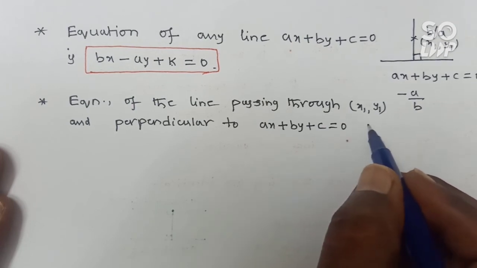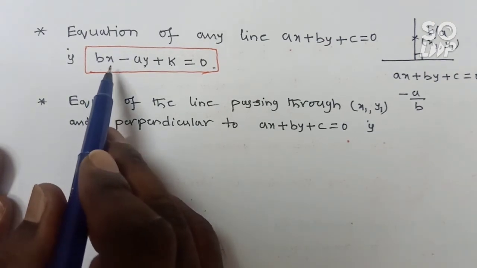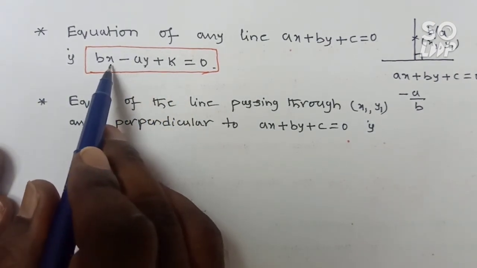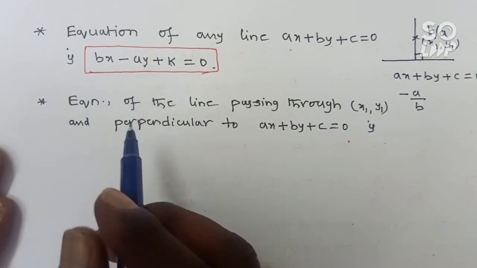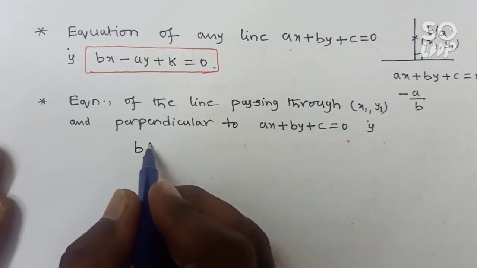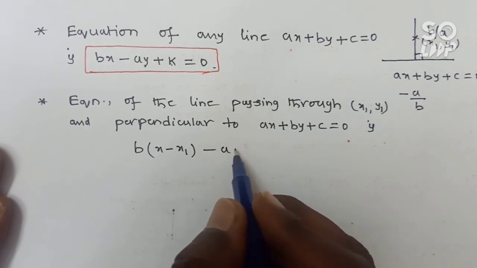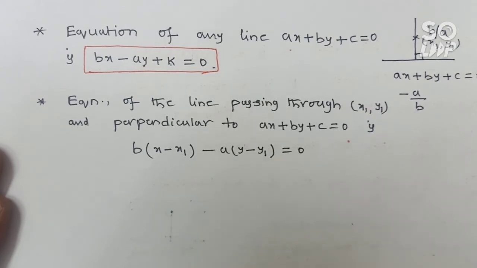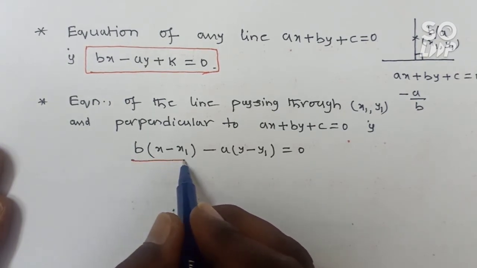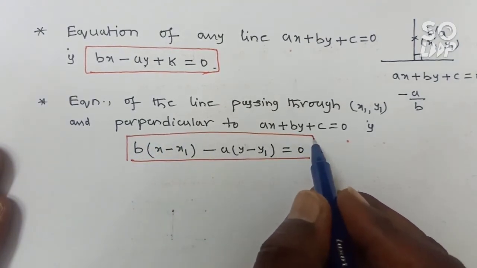Any line perpendicular to this one is bx minus ay plus k. Now in this one you replace x by x minus x1 and y by y minus y1. That is b into x minus x1 minus a into y minus y1 is equal to 0. So this is the perpendicular line equation passing through the given point. Please all of you remember this one.